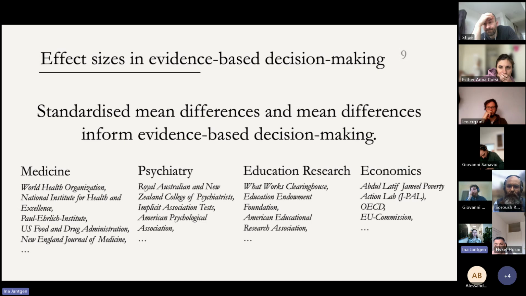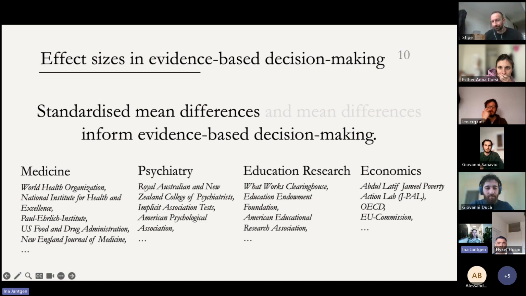For instance, in the US, the Food and Drug Administration, the FDA, relies on such effect sizes as the mean difference and the standardized mean difference to make drug approval decisions. So in short, these effect sizes widely influence decision-making. And in particular, in contexts in which researchers are uncertain about how to compare and interpret mean differences, it's frequently the standardized mean difference, not the unstandardized mean difference, that is used to inform decision makers.